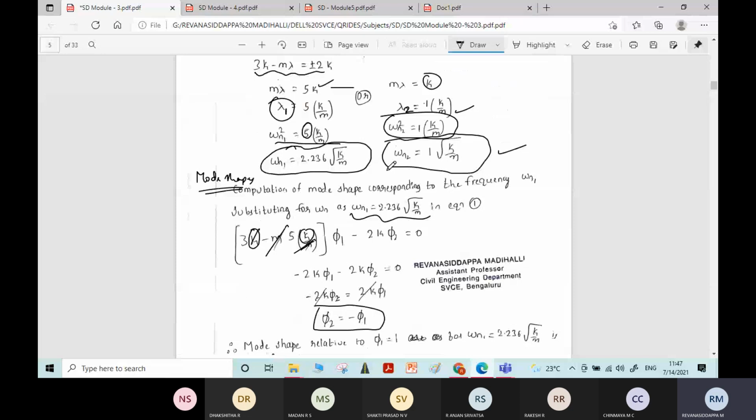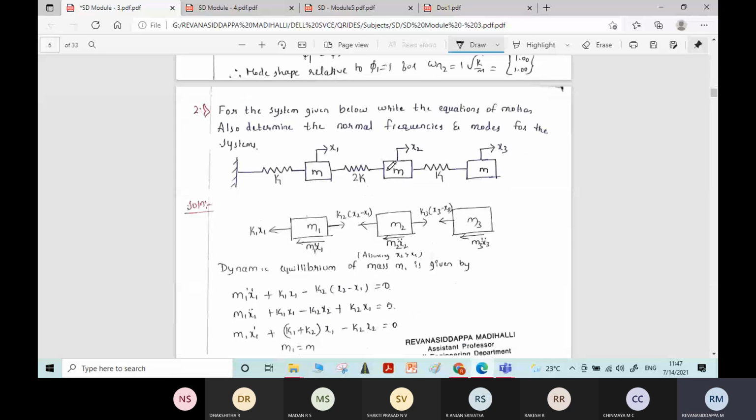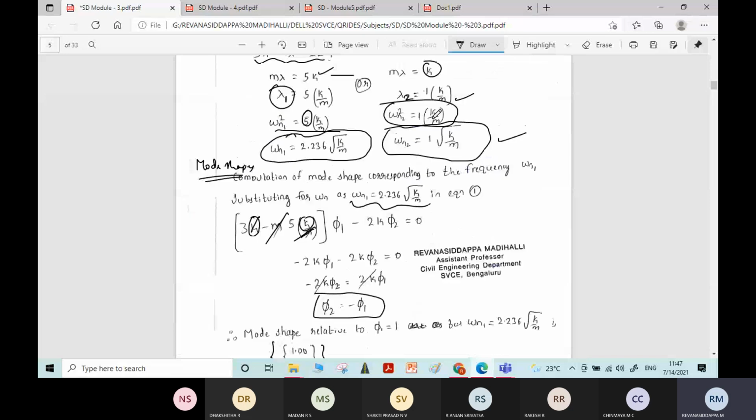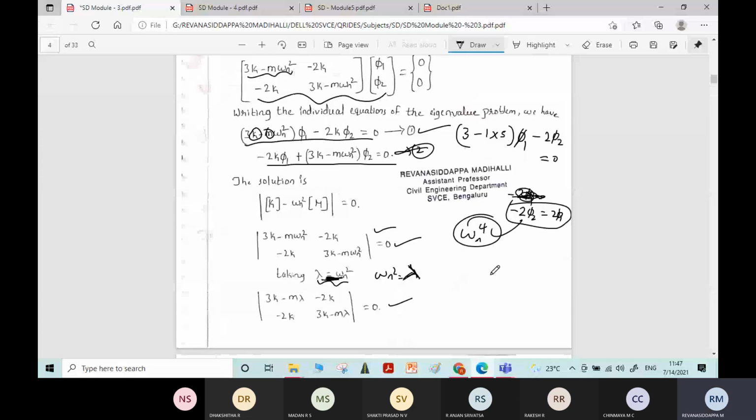Let me substitute. You are substituting omega n2 square is equal to 1 into k by m in this equation. If you substitute, what will you get? Coefficient of k is 3, minus coefficient of m is 1 into omega n2 square equal to k by m.